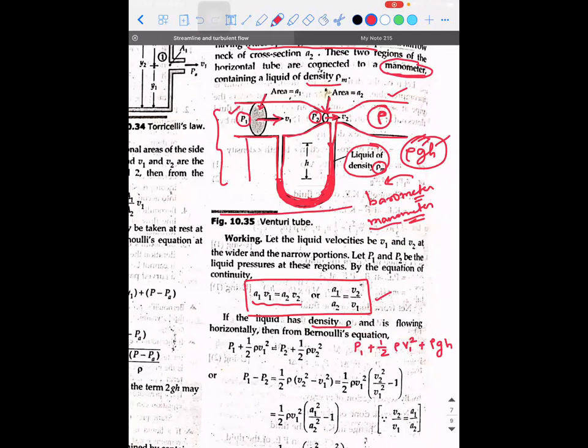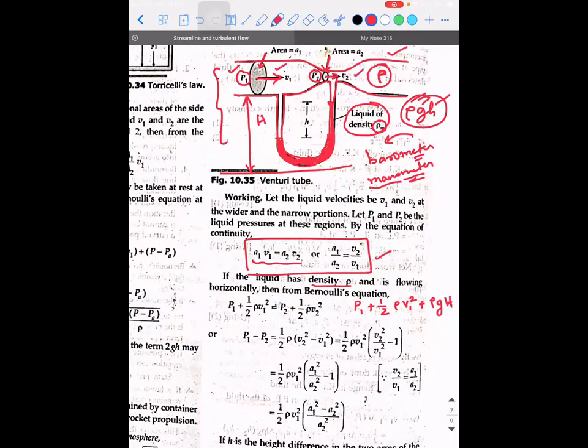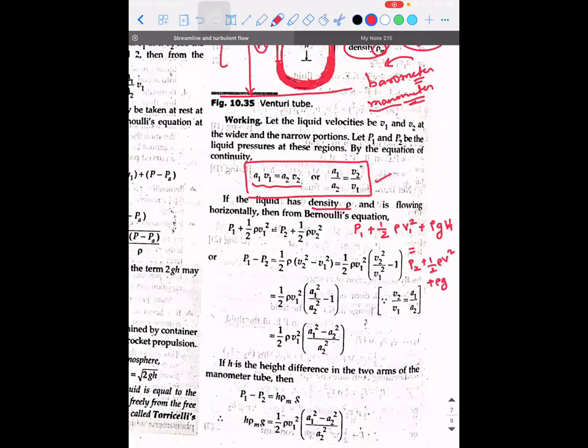If I take the height of the liquid from the bottom as capital H, then the difference between the areas is so small that this H is almost a constant. This will be equal to pressure at point 2 plus half into rho into V2 square plus rho g into capital H.